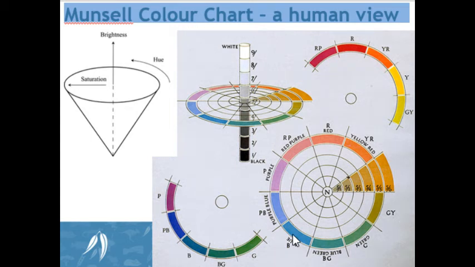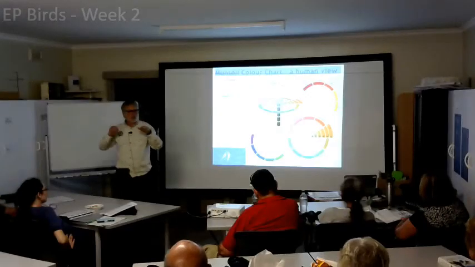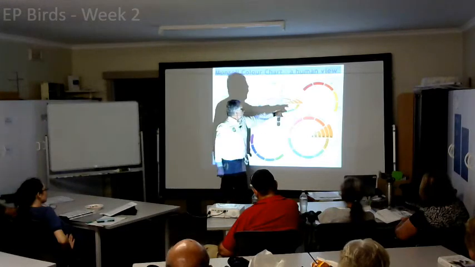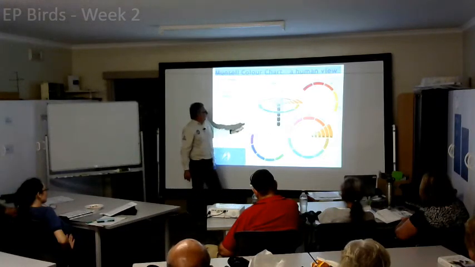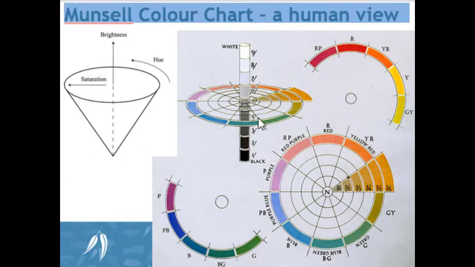Okay. So that gives us what we call a hue. Then we can start playing with how much white or black is in the colour. Okay? And that gives us our brightness. So if we put a lot of white into a red, it fades off and fades off. We're spreading out the distance between the dots of red. And so it gets lighter and lighter and lighter. And then we can go through to very dark versions of that. The final way we can manipulate the colour is the intensity of the colour.